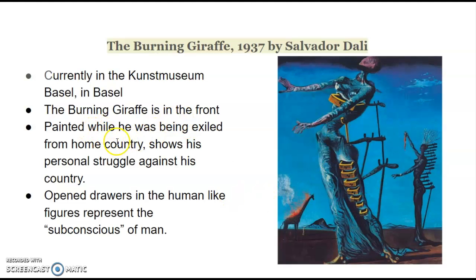For context, he painted this while he was being exiled from his own country, and it shows his personal struggle. The drawers opened were representing the subconscious of man, and they were kind of open. So basically, how I interpreted it was the country's intentions were to kick him out, and it was very open to him, so he could see what they wanted to do, what their end goal was.